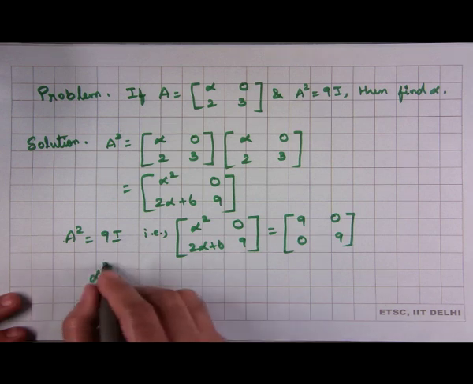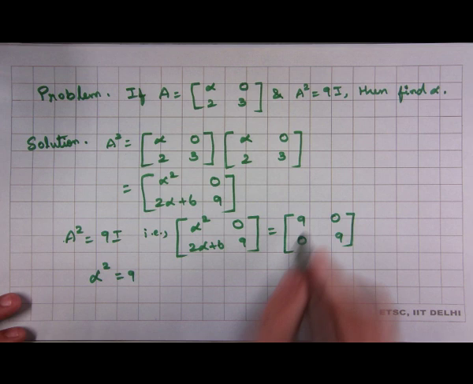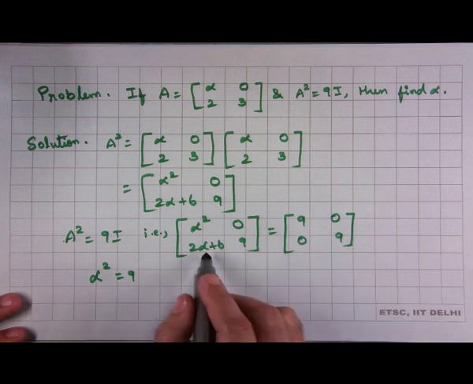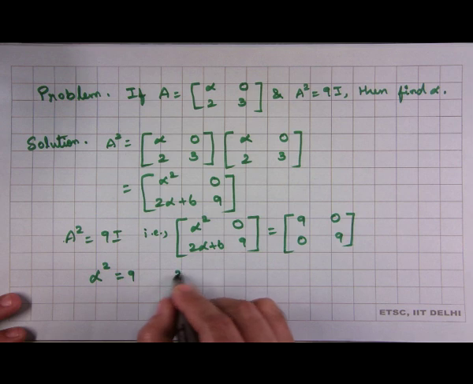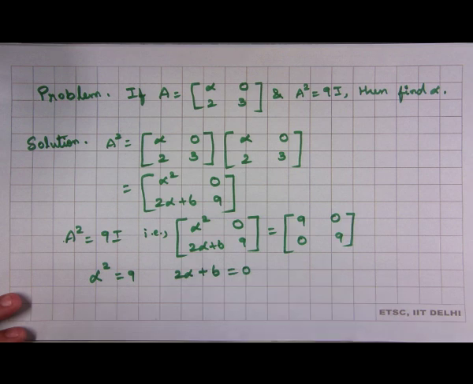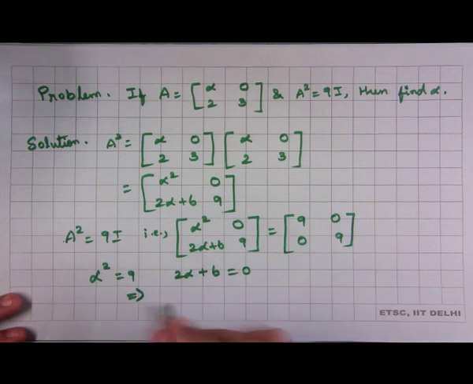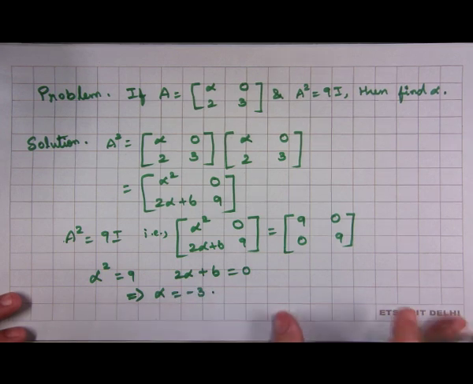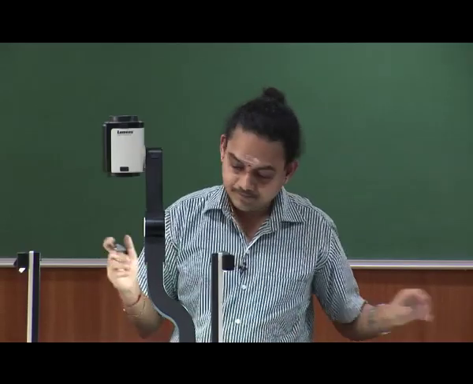So, comparing the coefficients, alpha squared is 9, and similarly 2 alpha plus 6 equals 0. These two together imply that alpha equals minus 3. So, alpha equal to minus 3 is the solution. Let us do the next problem.